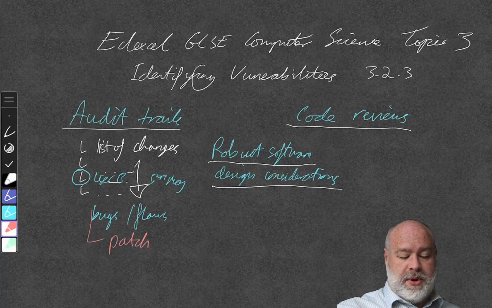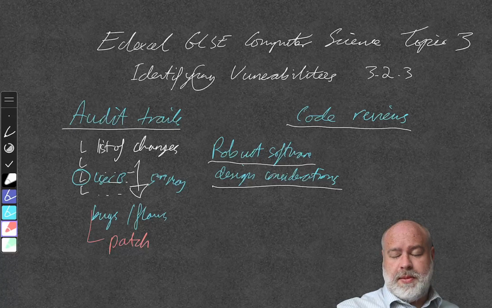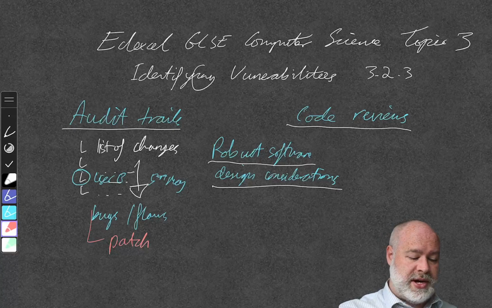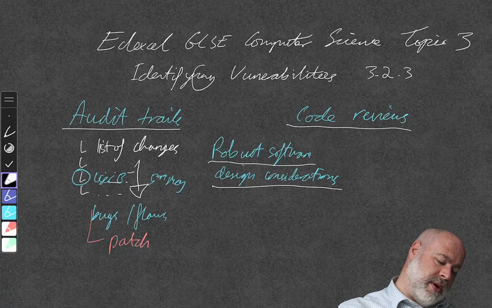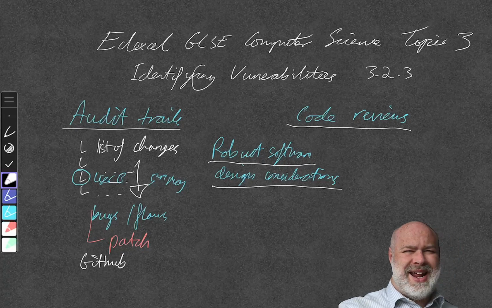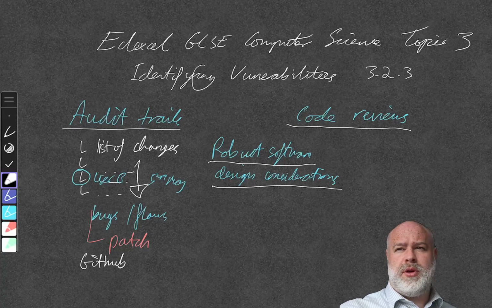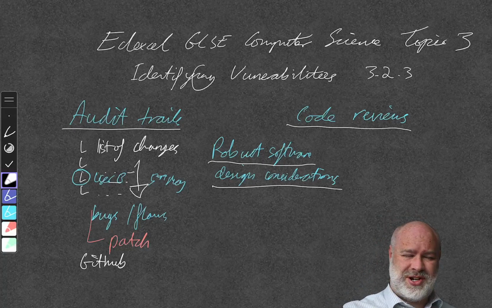So if we've found a bug or a flaw, we can add a patch to correct it. So that's what I would probably have in my mind. I would have GitHub just as an analogy of remembering what an audit trail might be, because any changes that were made are all listed chronologically.